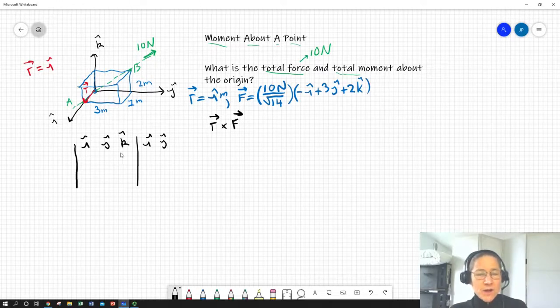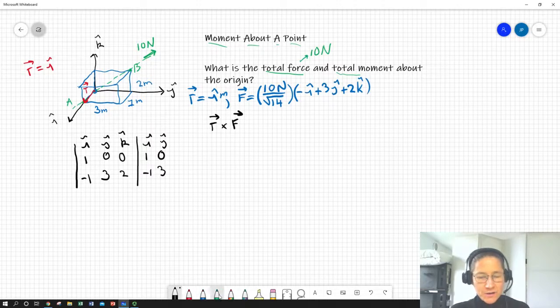Then you write your first vector, which is going to be r, that you're multiplying. In this case, we've got 1, 0, 0, and then you repeat your i hat direction and your j hat, which will be 1 and 0. Then you do your second part of the product, which in this case is -1, 3, 2, and then -1, 3.